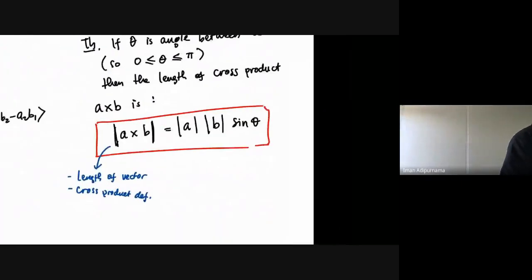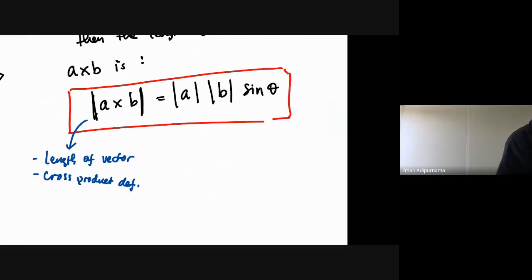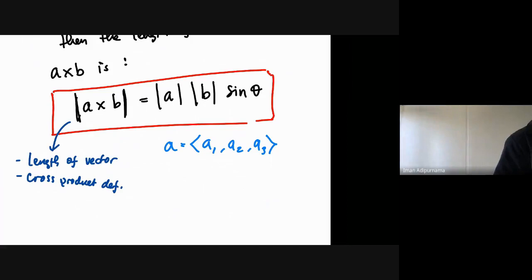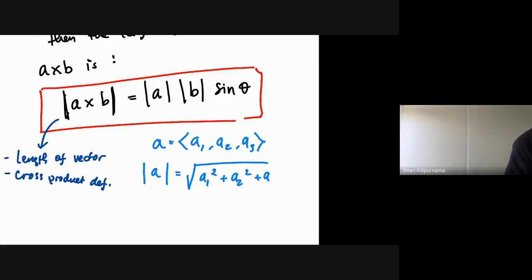Before we confirm this formula, let me remind you that if you have, let's say, A is A1, A2, and A3, you can evaluate the length of A using the square root of A1 squared plus A2 squared plus A3 squared.